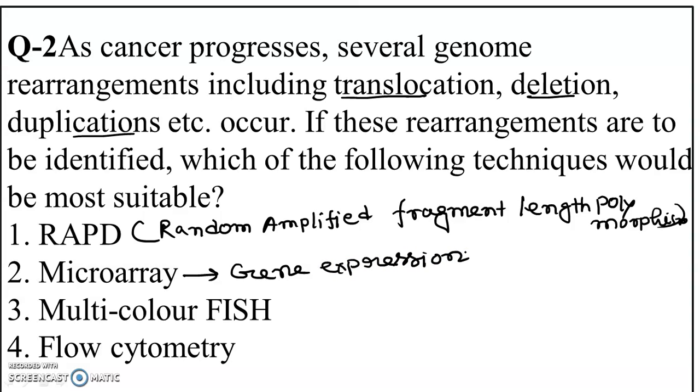In one experiment, we get the expression levels of thousands of genes. Flow cytometry is used for cellular analysis, not for chromosomal rearrangements or chromosomal changes. Then we have multicolor FISH.